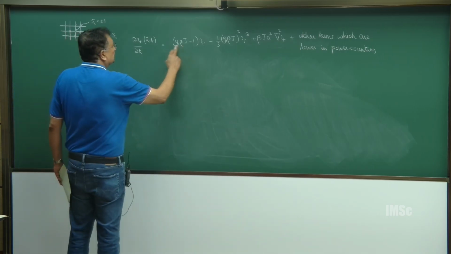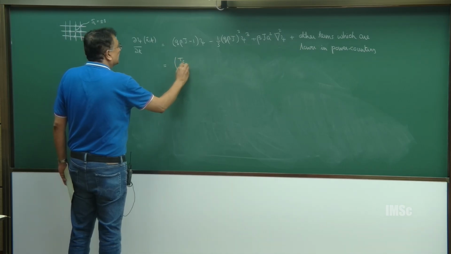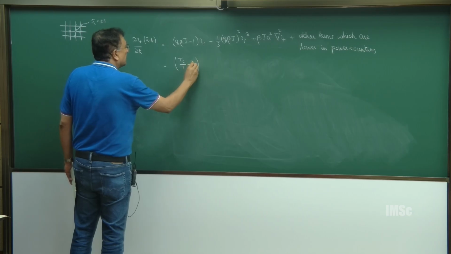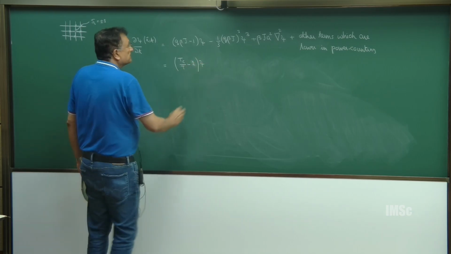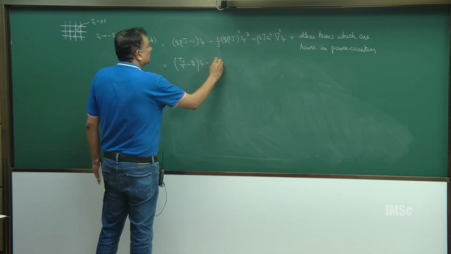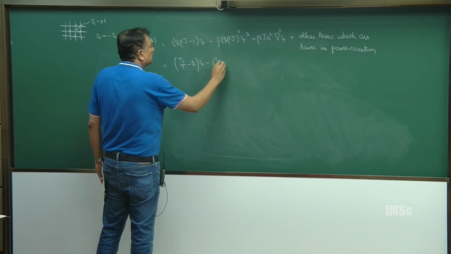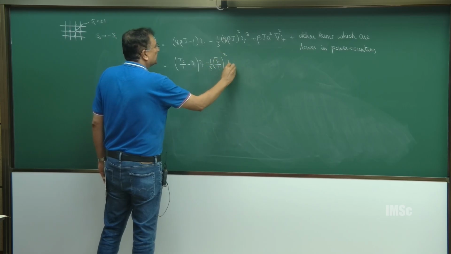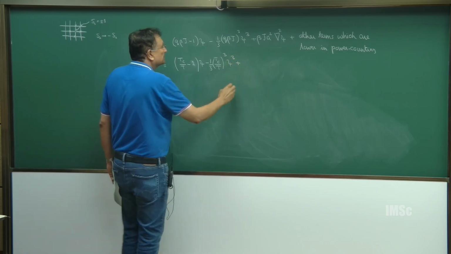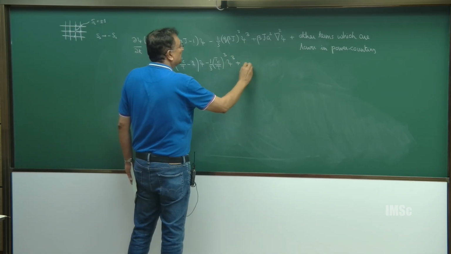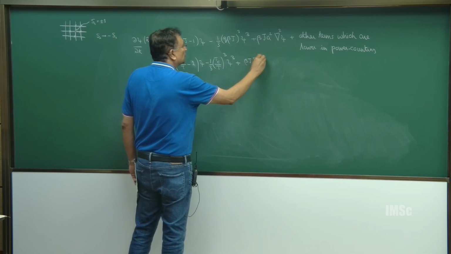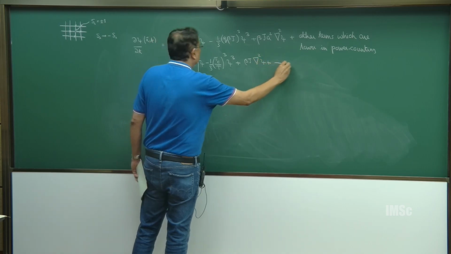Remember that q j is the mean field critical temperature. So this is Tc by T minus 1 times psi, minus Tc by T cubed times 1/3 psi cubed, plus beta j, just absorb the a into the length scale, grad squared psi, plus higher order terms.